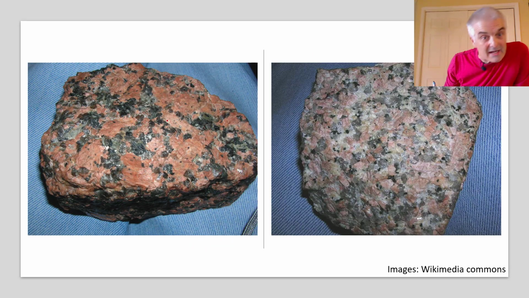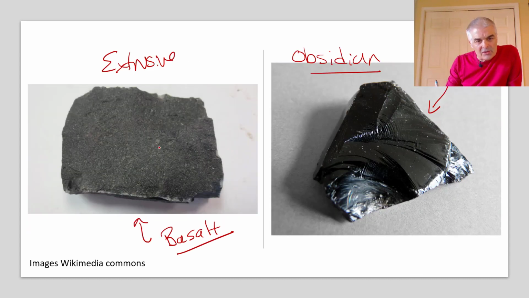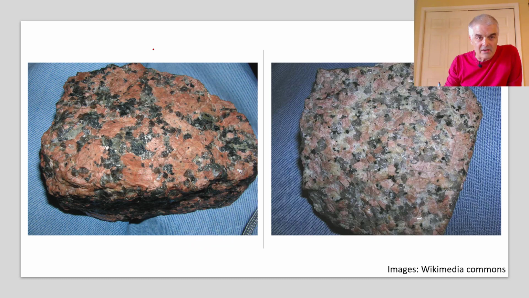And now let's go back to the intrusive igneous rocks. Take a look. If you look at these and you zoom in, you don't see what we call crystals. Remember, crystals are minerals. But when you look at these intrusive igneous rocks, you see crystals. You've got a black crystal here, a big orangey crystal here.